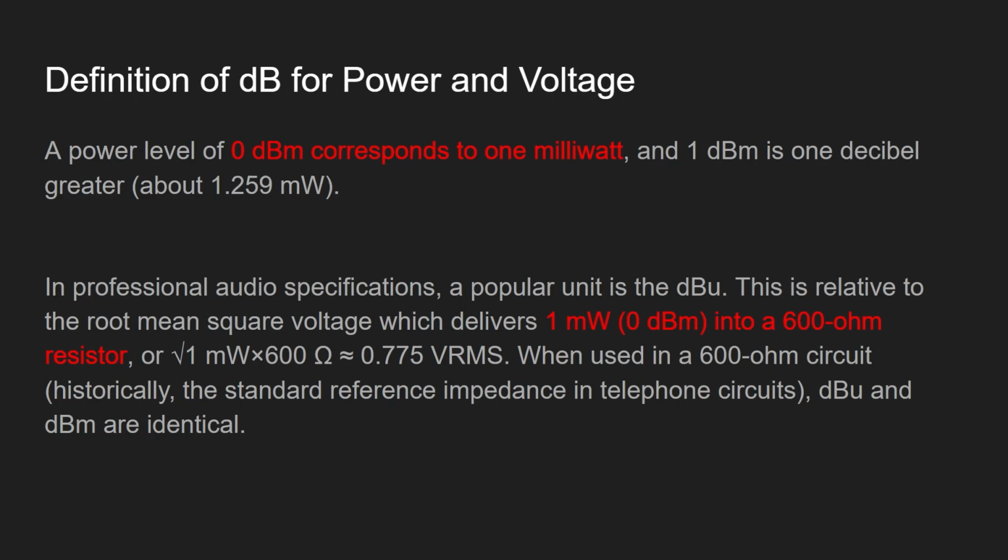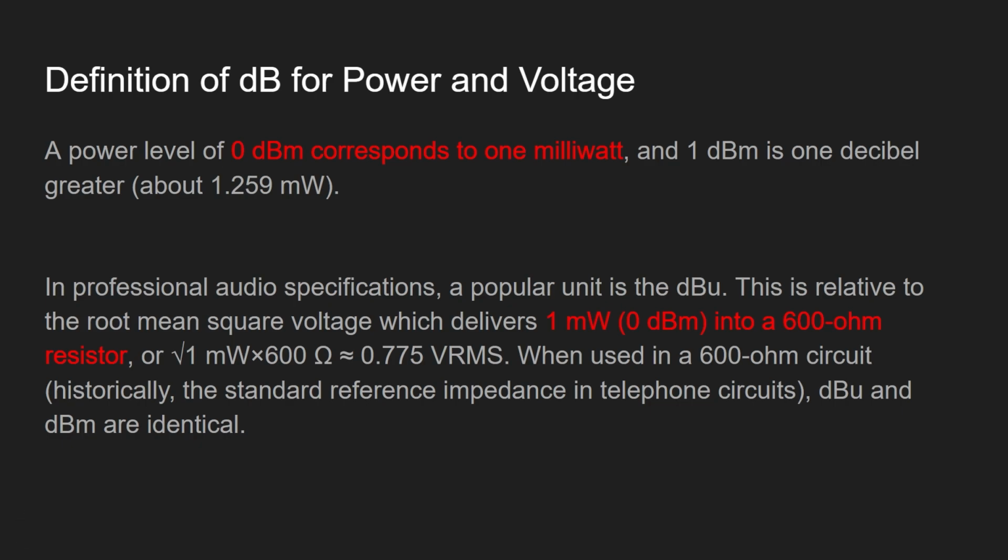You don't have to remember the details. The definition of 0 dBm is 1 milliwatt going through a 600 ohm resistor.